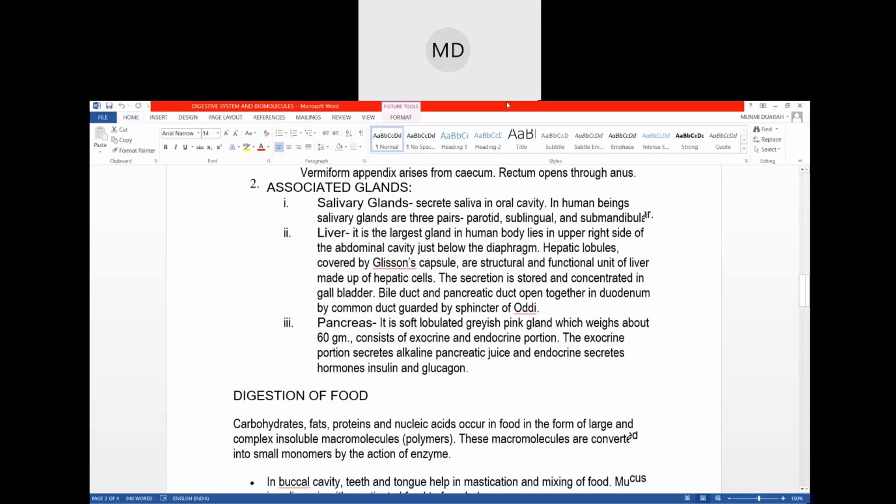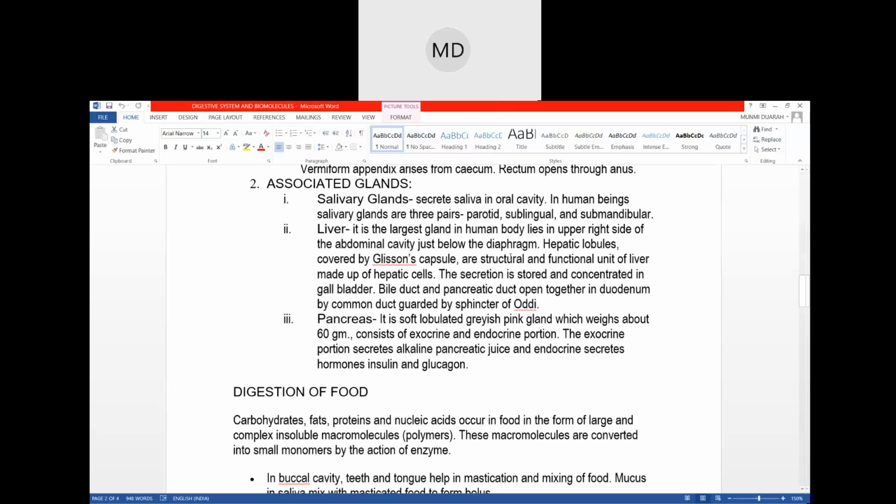Okay, now the glands. Glands means those glands which are associated with the digestive system. Okay, about the glands, we... can you hear me?